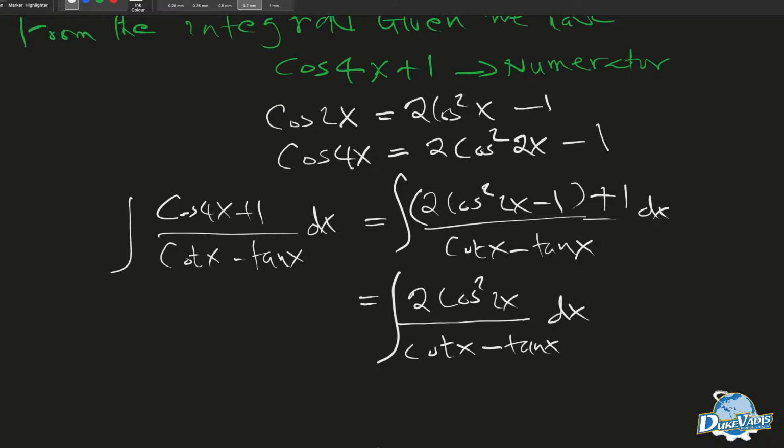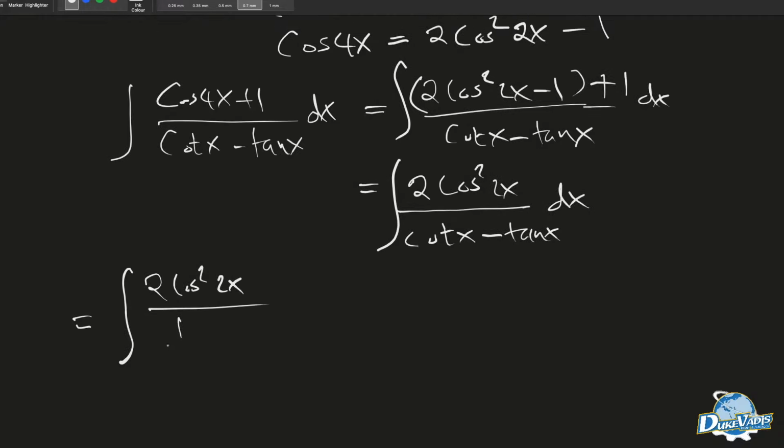So if we have 2 cos squared 2x all over 1 over tan of x minus tan of x dx, because the cotangent is 1 over tan, then can we write this one this way? Yeah.